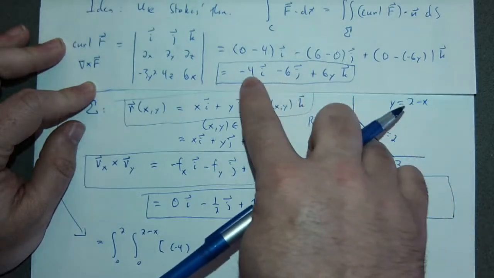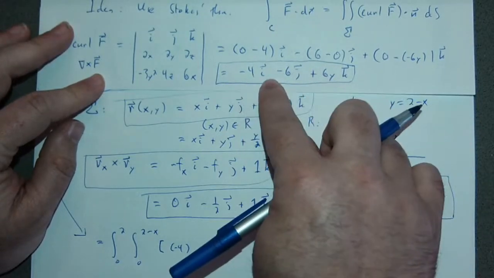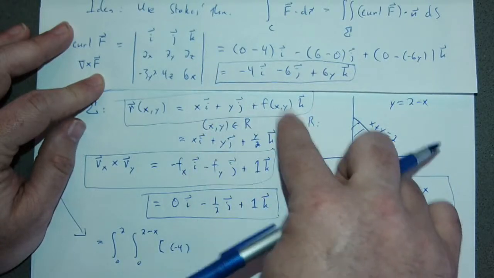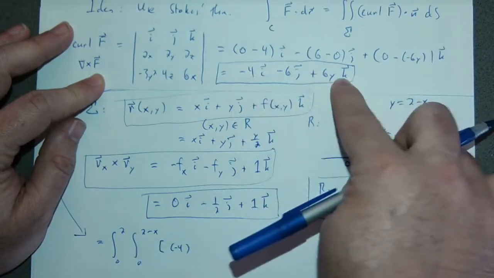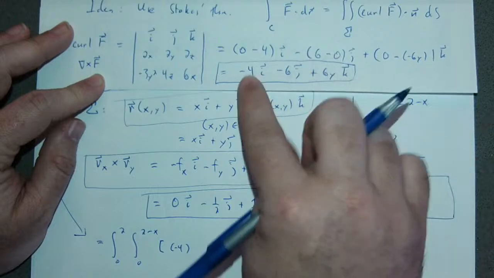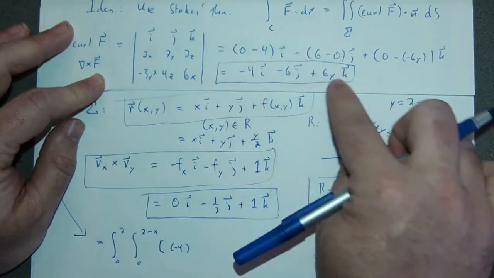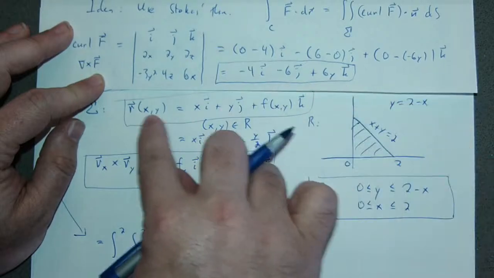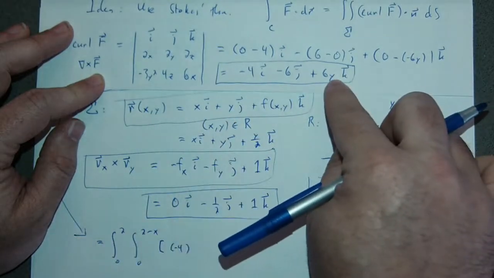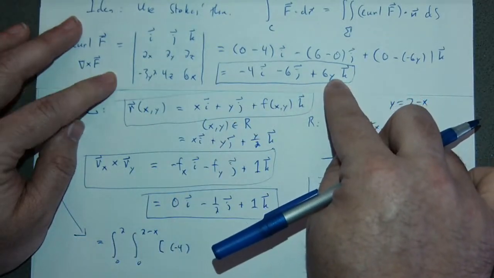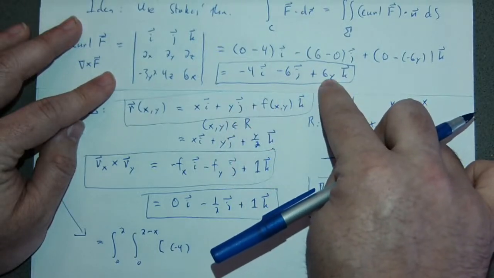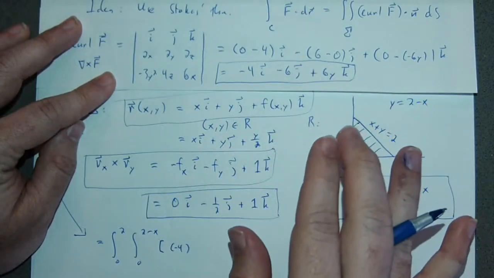Normally, I would be plugging in the parameterization for any x, y, and z that show up. But the only x, y, or z that shows up is here, and what do I plug in, coming from the parameterization, for y? Well, y gets plugged in for y. So it doesn't look like anything's happening here.